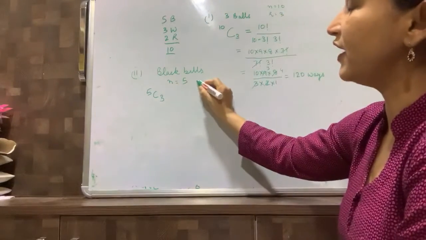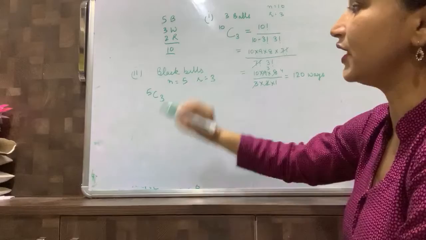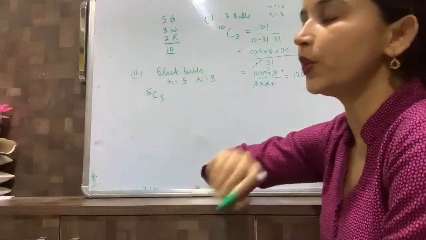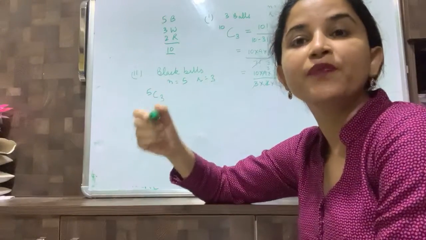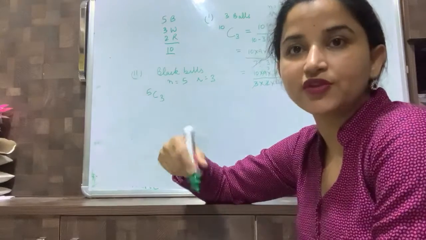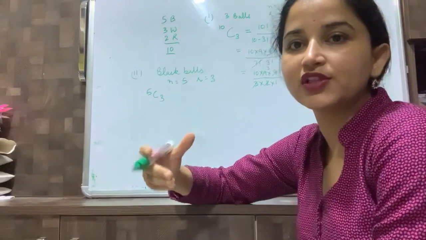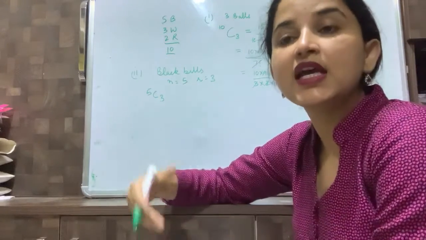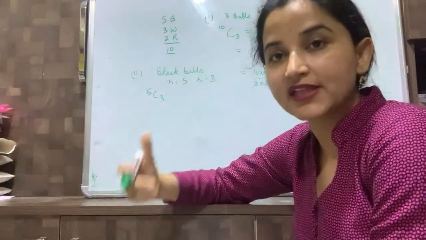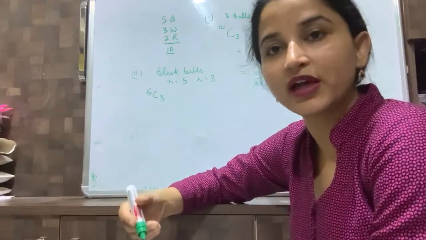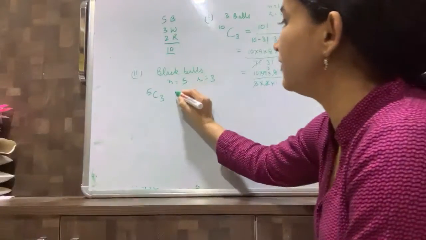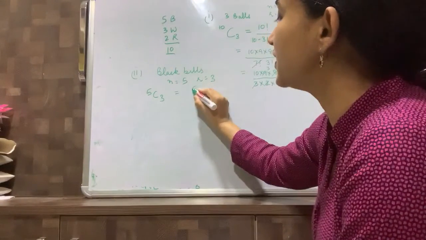So N is 5 and R again is 3 because we are interested in knowing the ways in which we can draw 3 black balls. So if there is a total of 5 black balls, out of that we want to draw 3 and we want to know the number of ways in which we can draw. So we need to have the combinations. So we will have this formula. We will open this up.